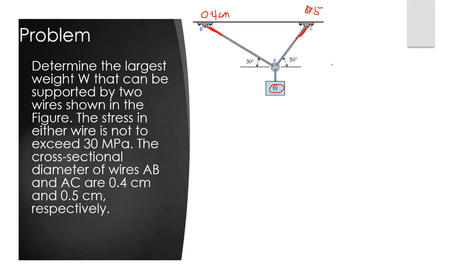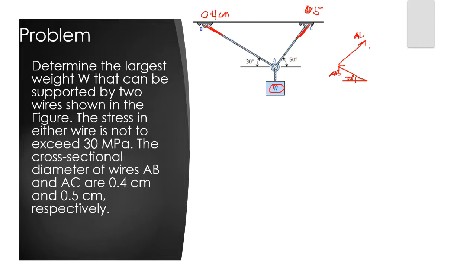So if we translate this figure here into a vector analysis, we can have this as AB. This line is the AB. And it says that this has an angle of 30 degrees here. And if you also translate this one into the vector analysis, this is AB, this is AC.